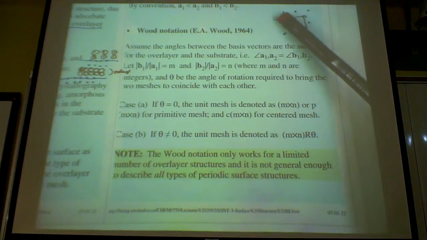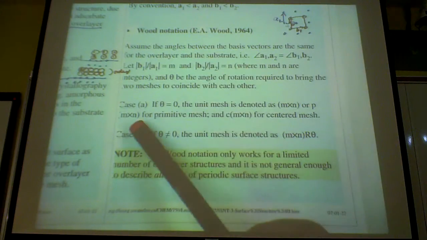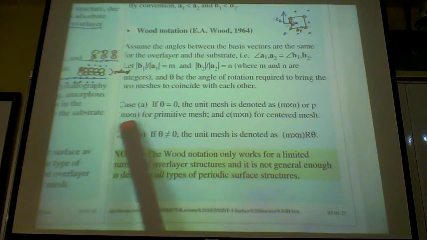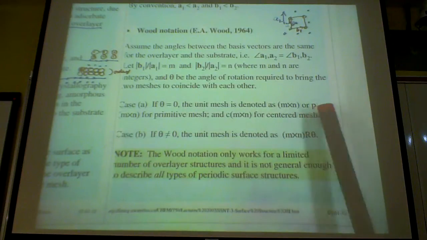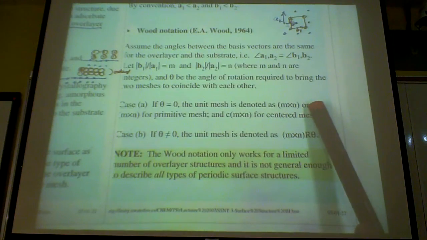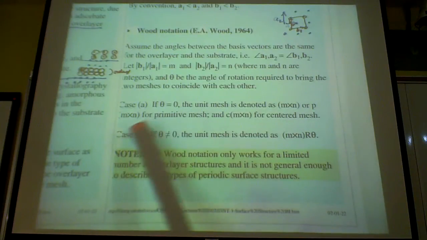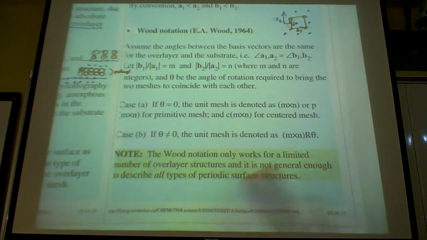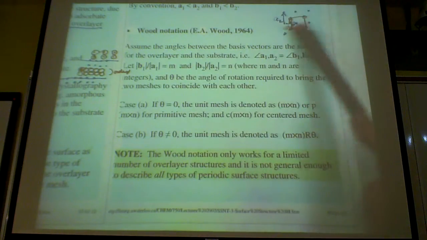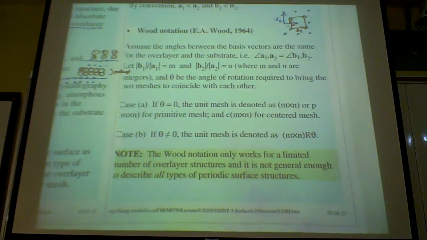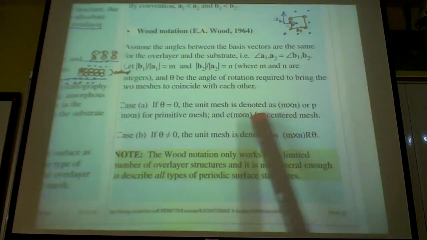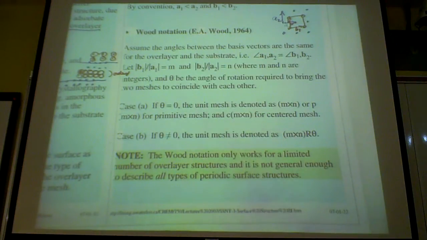So when it's directly on top, you have a primitive mesh, so-called primitive n by n, or sometimes people just get lazy and drop the p, and then you have n by n. If you move it right to the center of your blue grid, then you have c n by n, so-called center n by n.